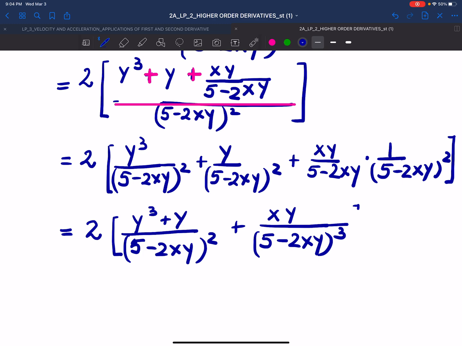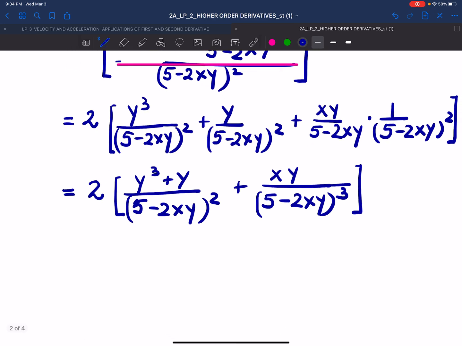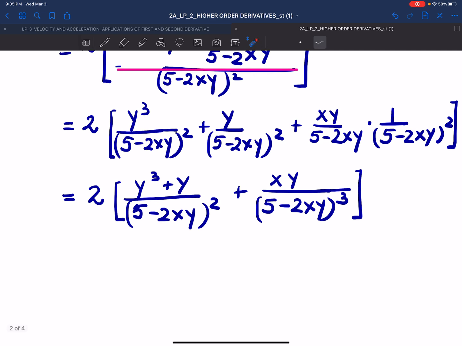And this is a simplified form. Obviously, we can continue simplifying by bringing them together under the same denominator, and that will be done by multiplying here by (5 minus 2xy) to the power of 3.